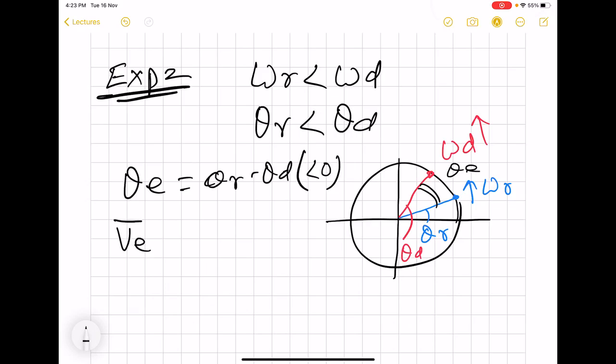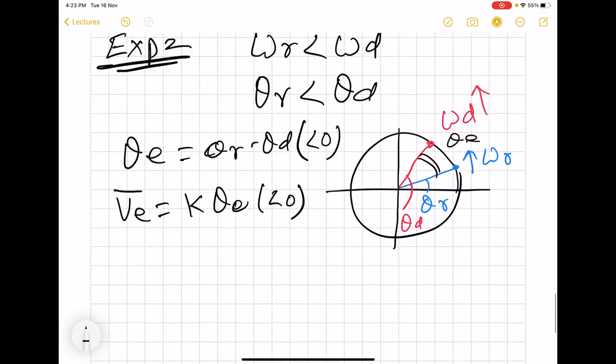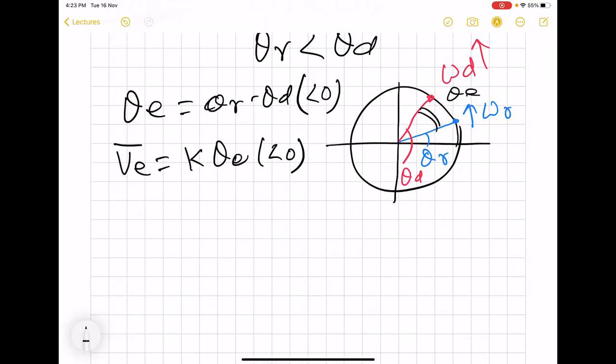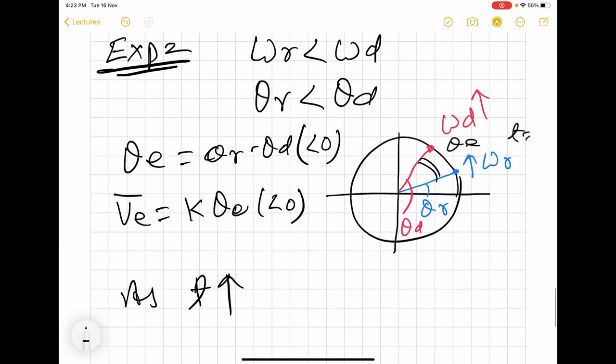And here we see that this will lead to a voltage to the VCO, which is going to be negative, less than 0. So here, as t increases, so this is the scenario at t is equal to 0.